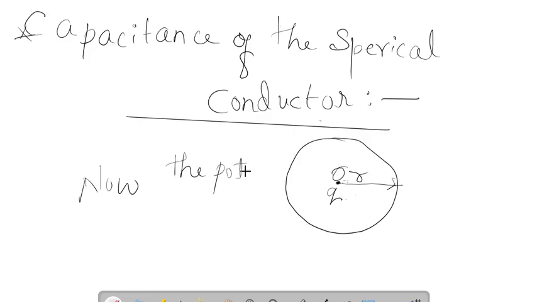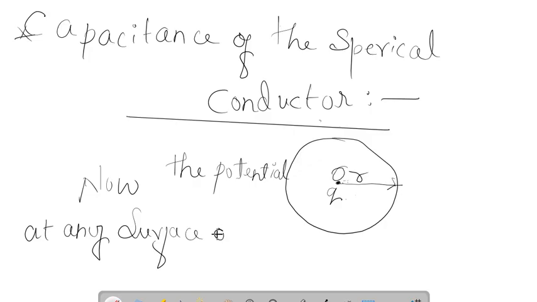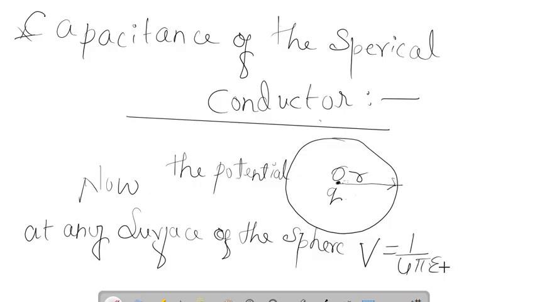Now the potential at any surface of the sphere, V is equal to 1 divided by 4 pi epsilon naught into Q divided by R. Am I not right?